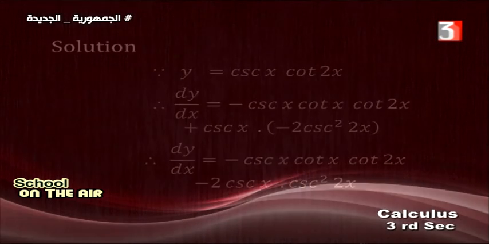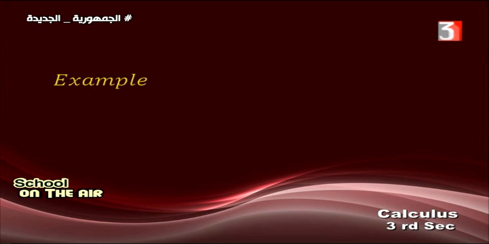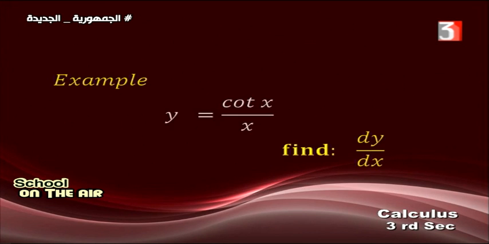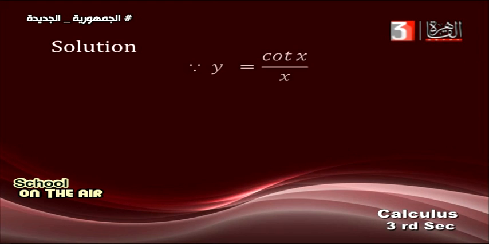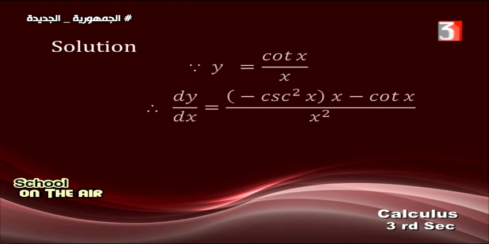Now another example. If y equals cotan x over x, find dy/dx. The function y equals a quotient of two differentiable functions, y equals cotan x over x. Now, what is the derivative of the quotient of two functions?